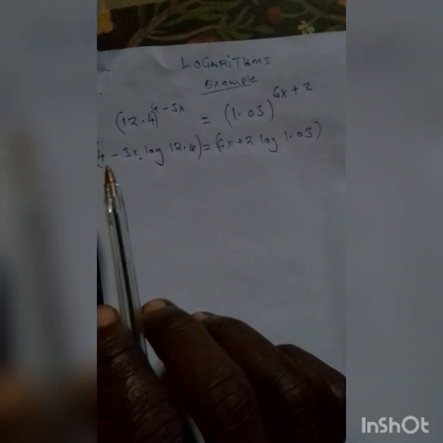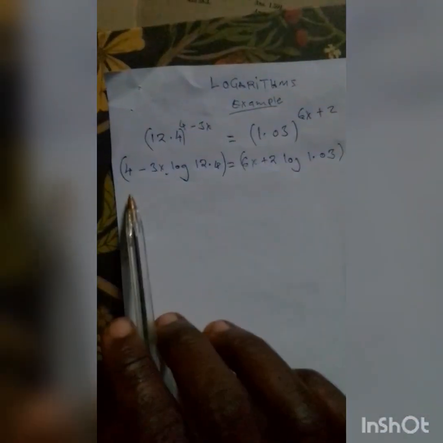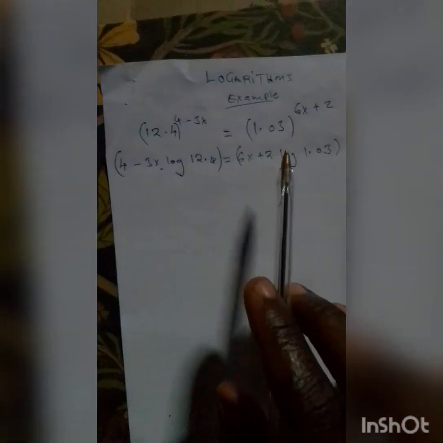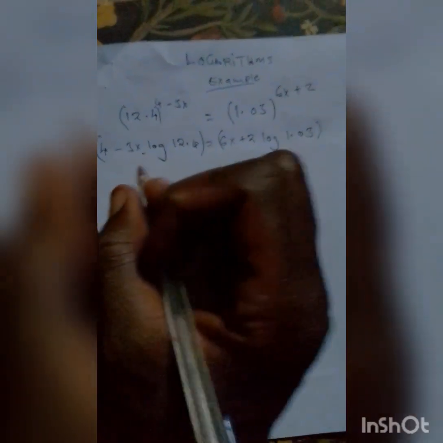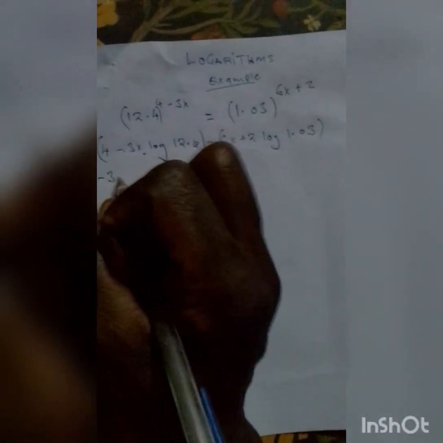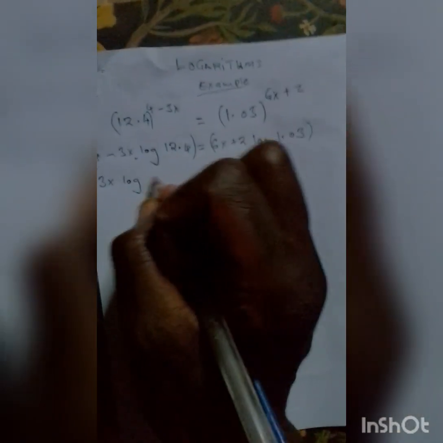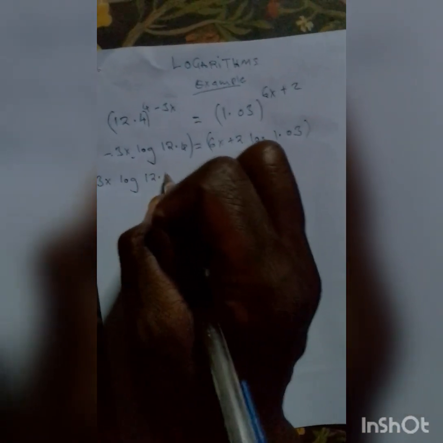Now, when you finish writing this, you start picking the like terms. This negative 3x will remain here: negative 3x log 12.4.